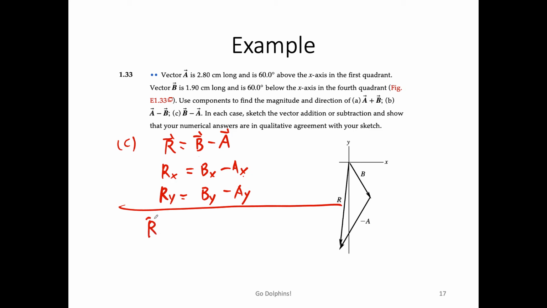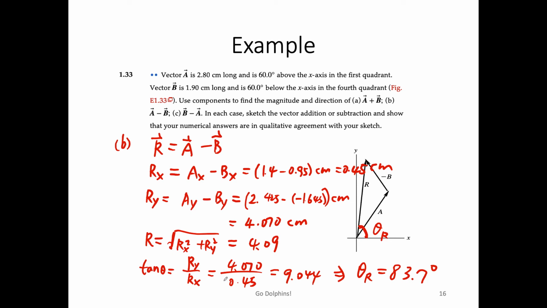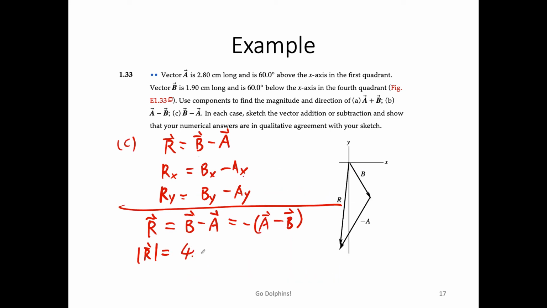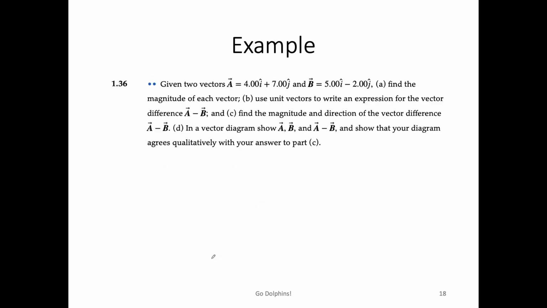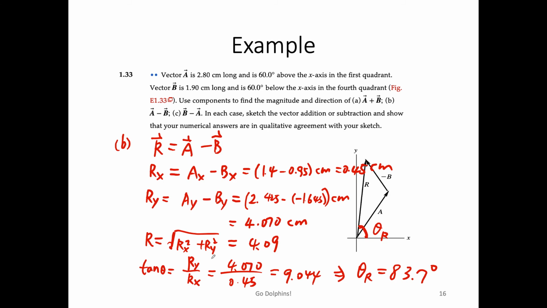But if we do an observation, we have R equals B subtract A equals negative of A subtract B. So it has the same magnitude. For this one, R should have the same magnitude as what we did in part B, which is 4.09. And the angle on the other hand would be 180 degrees different from the previous angle.